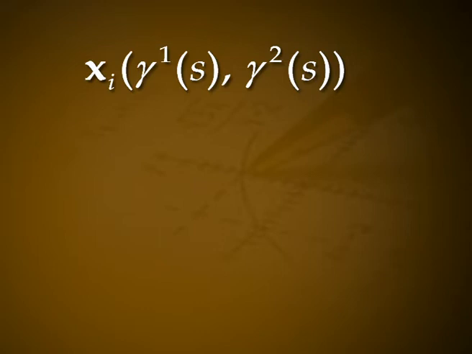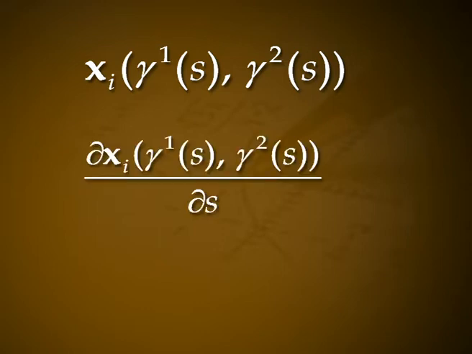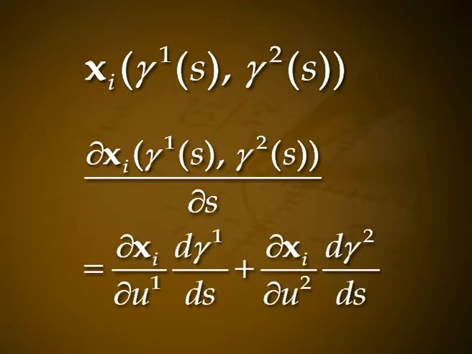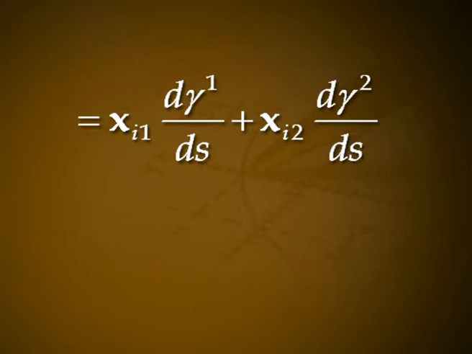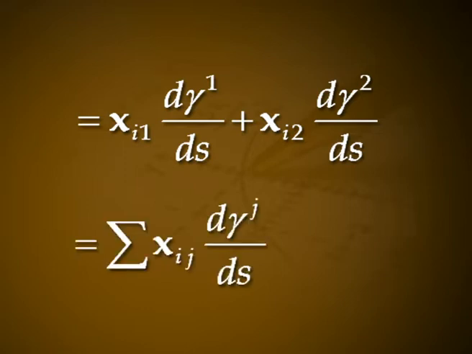Now differentiate this equation with respect to s. Application of the chain rule gives the derivative of x_i(gamma 1(s), gamma 2(s)) with respect to s is equal to the partial of x_i with respect to u^1 times d gamma 1 by ds plus the partial of x_i with respect to u^2 times d gamma 2 by ds, which is equal to x_i1 d gamma 1 by ds plus x_i2 d gamma 2 by ds, which is equal to the sum of x_ij d gamma j by ds.